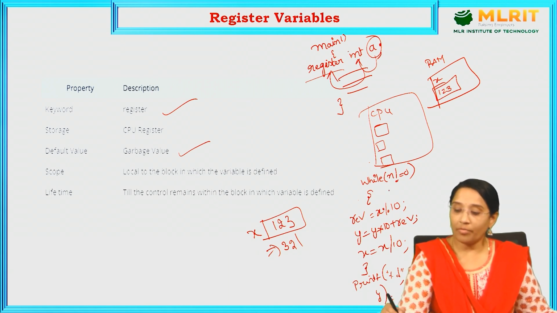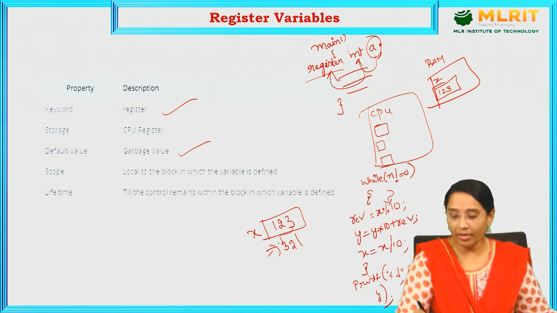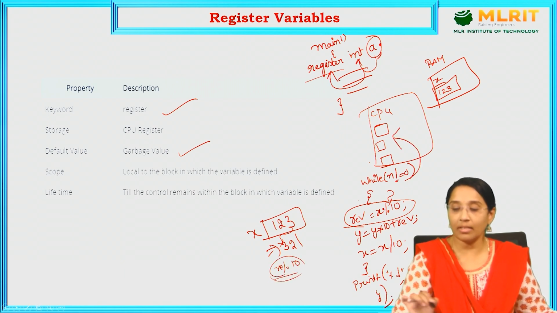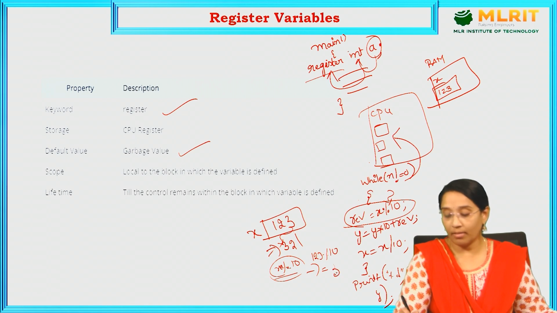After that, how do we reverse the given number? The first digit to be retrieved is 3. You apply this condition to retrieve the last digit, that is x modulus 10. This process is done in the CPU, because any arithmetic operation we do is done in the CPU. 123 modulus 10 is 3.